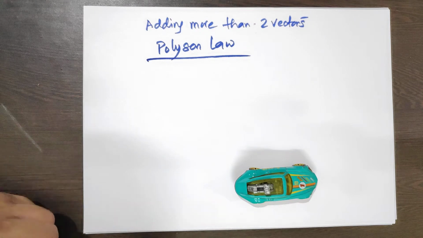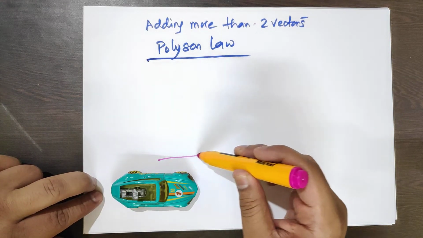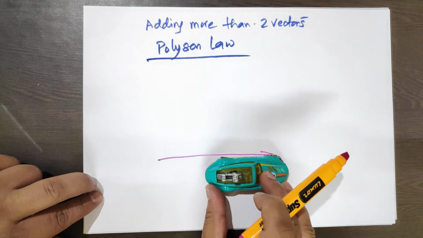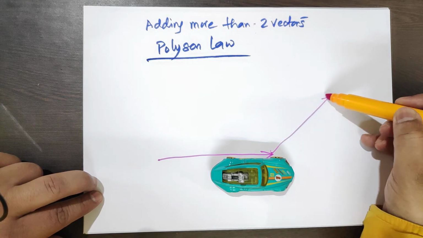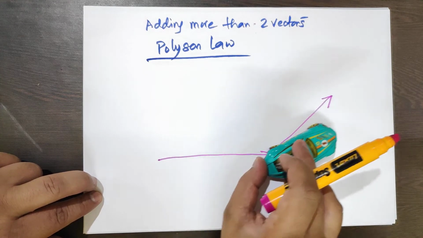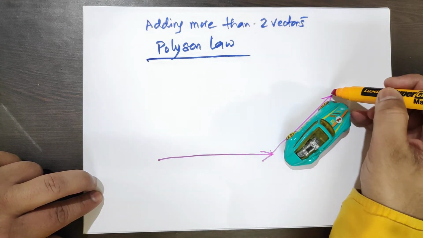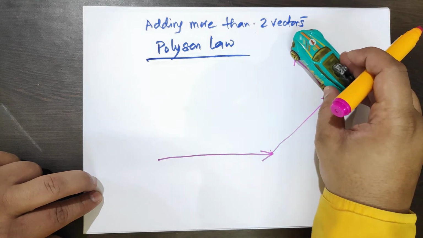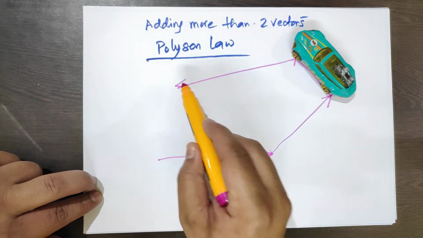Let's draw the displacement vector. It has started at this point and going to this point. Displacement of car from here to here. Then again it goes from here to here, so this is again a displacement, and again it takes a turn and goes from here to here, and again it takes a turn and goes from here to here.